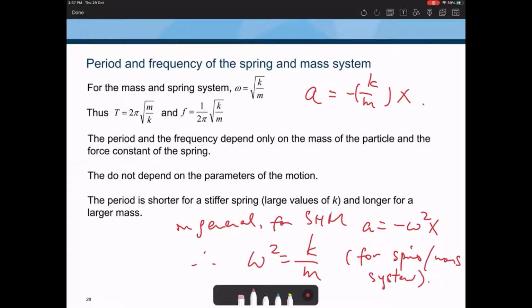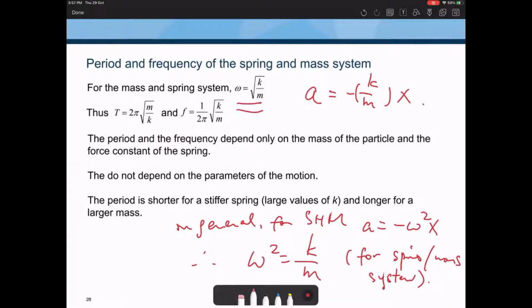And therefore, the period of the oscillation is equal to 2 pi... Let me see. Sorry. The omega is equal to square root k over m.